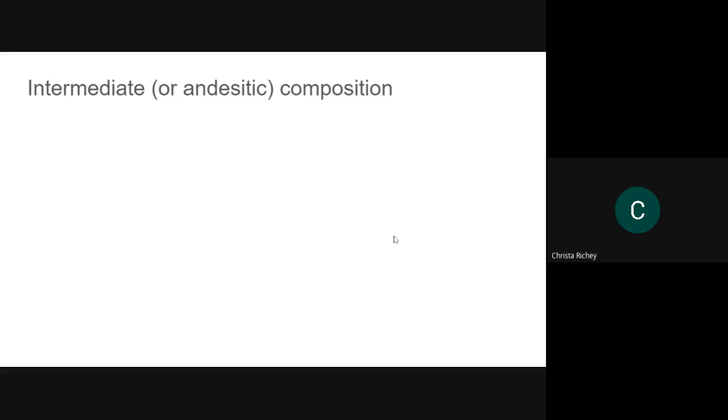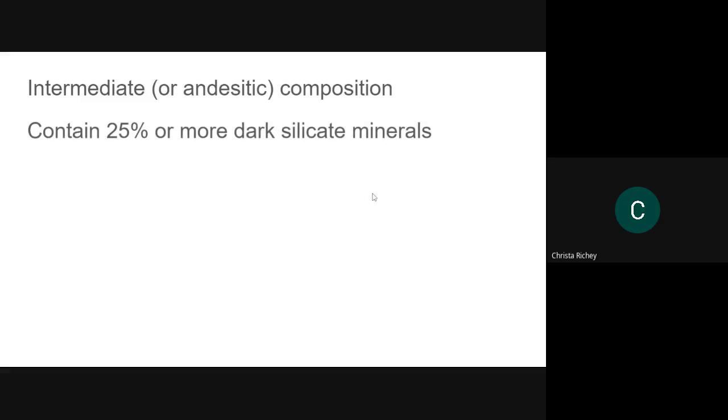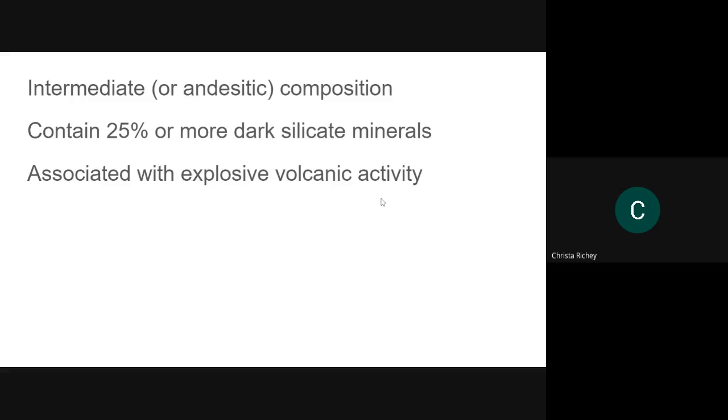Okay, intermediate, which we call andesitic. So it's a smush of the things that we had before. You are going to see this stuff with volcanoes. Okay, so you've got the inside of the earth that's very rapidly becoming the outside of the earth. And it's extremely high in iron.